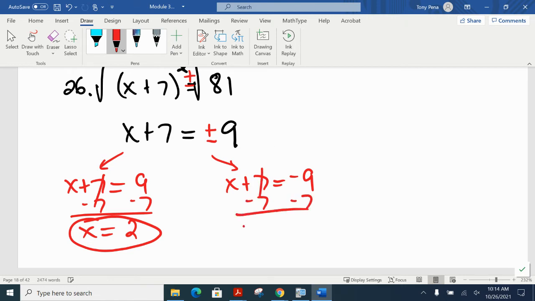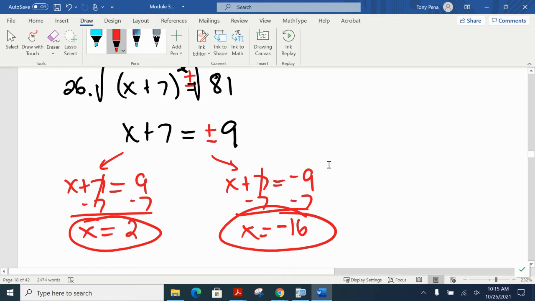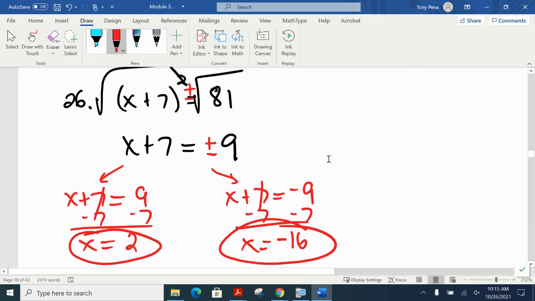So if you got 2 and 1, what was our second answer? Good. And negative 16, you did that correct. All right. Did you get that one right? That's the hard one. Yeah. All right. Good, Riley. So that's how we would do those.